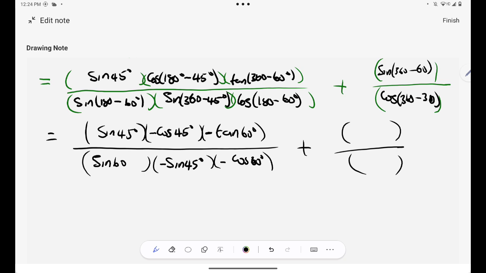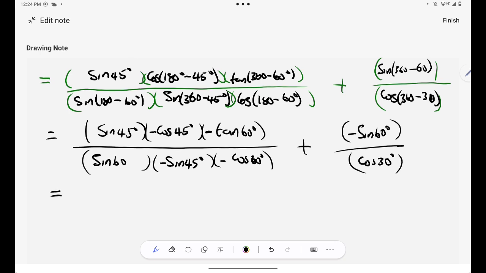Alright, together. And then there at the top, 360 minus is in the fourth quadrant, I'll have a negative sine of 60 degrees, and then I'll have a positive cos of 30 degrees here.